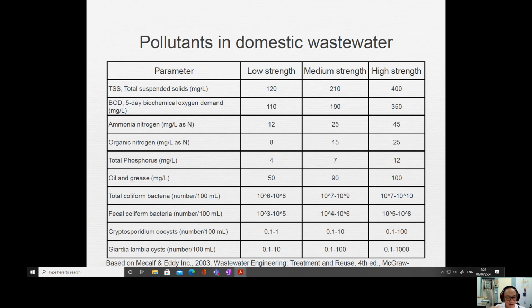So BOD is supposed to be 100, nitrogen is supposed to be only 5, and phosphorus is supposed to be only 1.